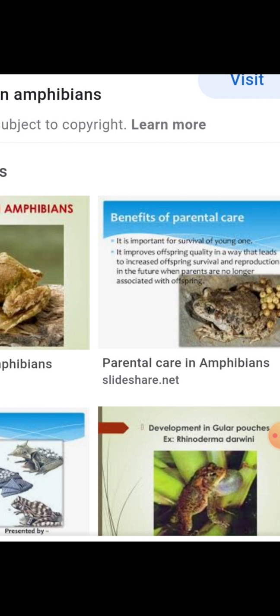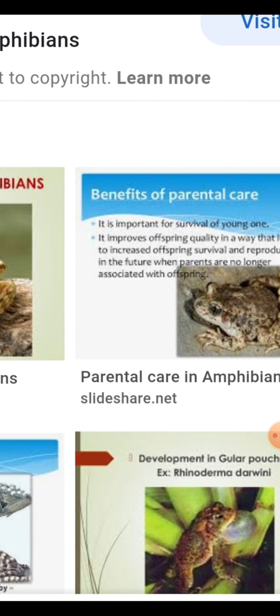Why? Because to develop their offsprings, to develop their races, to develop their coming generations. That's why there are more benefits in parental care, not only in the amphibians, but in human beings also.